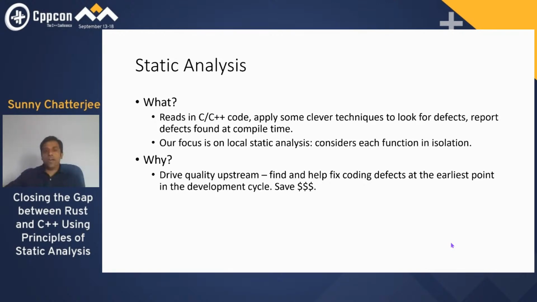And there is a reason why we'll be focusing on local static analysis tools today. One is that local static analysis is fast, and we can apply this technique at scale. What it means is that we are able to provide defects to the user as he's typing his code or saving his work or even building. So there's a lot of value that we can provide before bugs get checked in. The second reason is that over the past few years, we have applied a few techniques to make local static analysis scale.